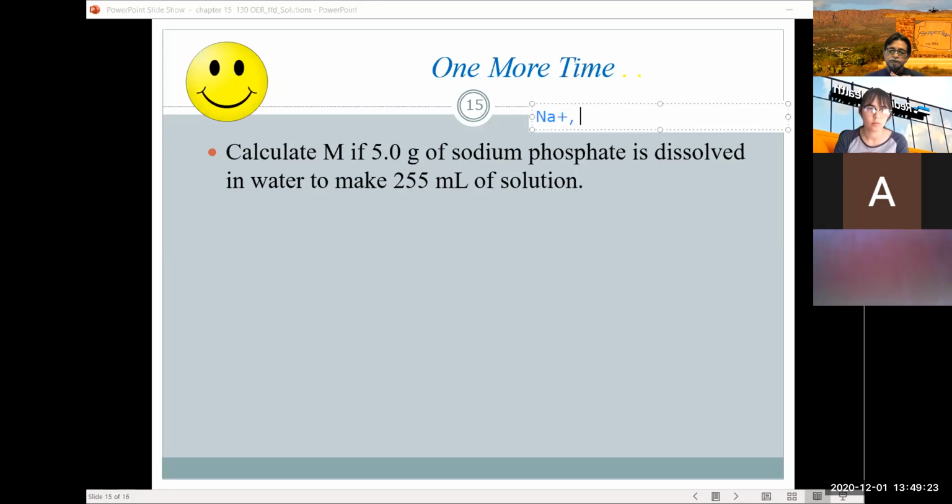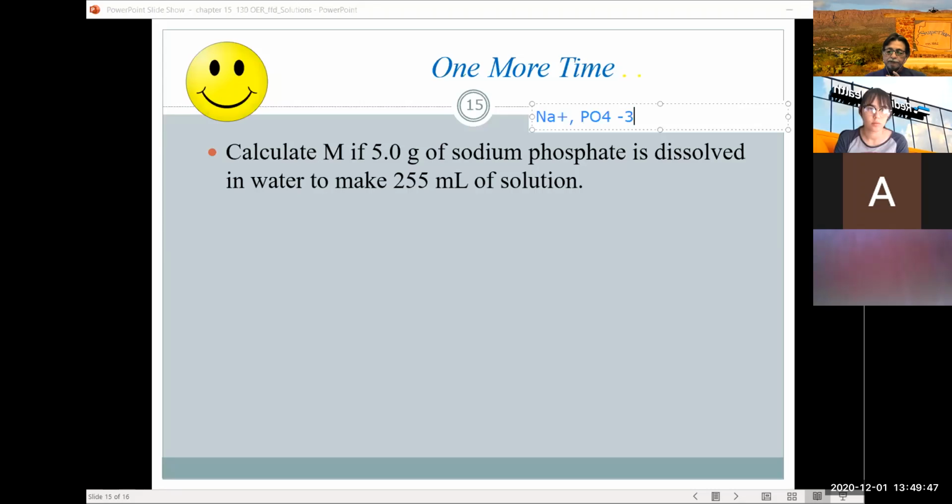Well, it's a polyatomic ion. So you can use a periodic table to determine what that formula is, right? So it should be what? PO4. Anybody know what the charge is? -3. So PO4 -3.